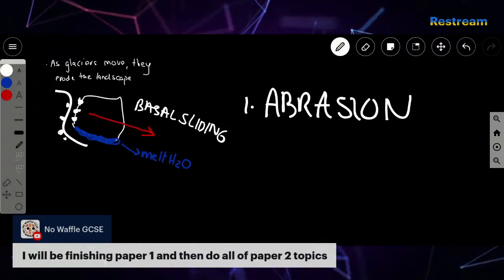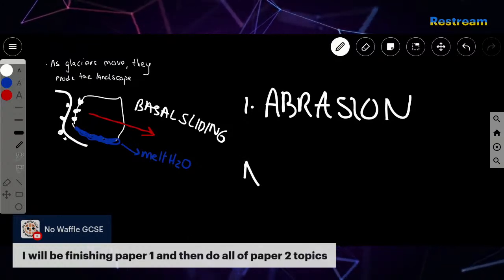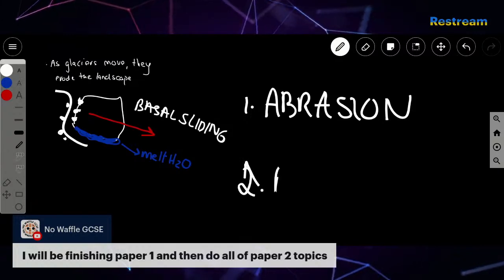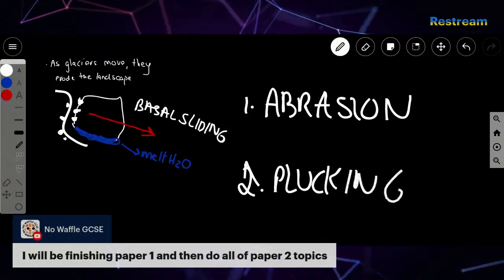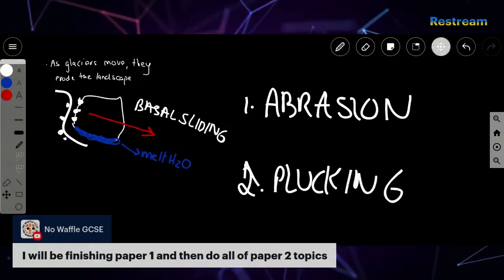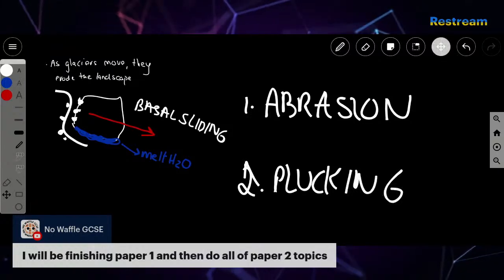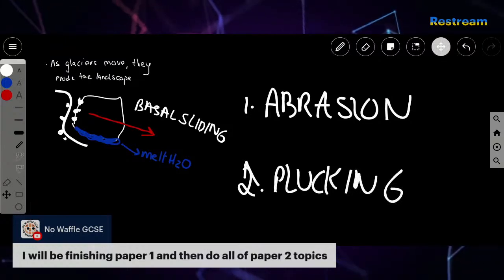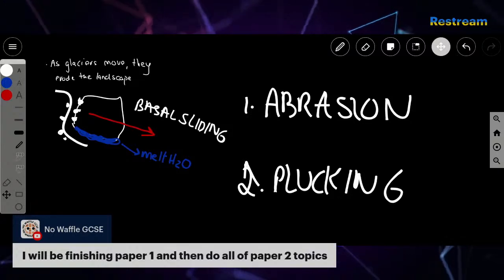The second way is through a method called plucking. The meltwater at the base, at the back, and at the sides of the rock then freezes onto the rock, and as the glacier moves forward, it plucks it away.